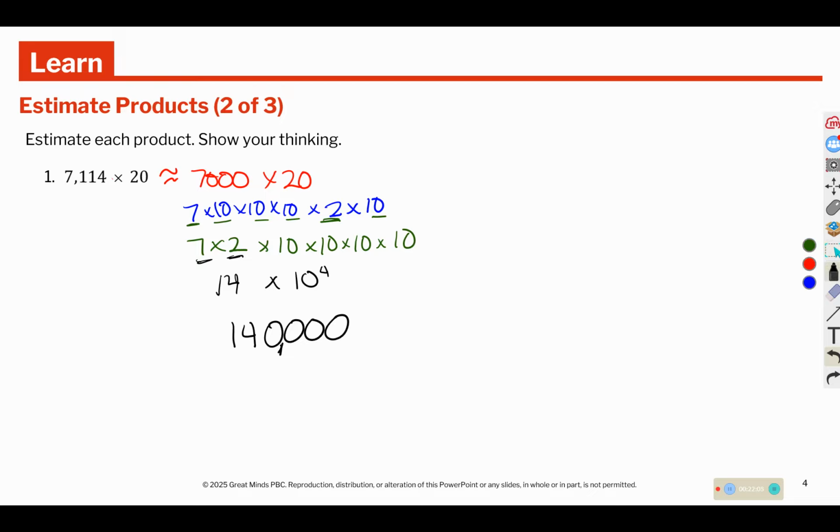So at the end, we can say 7,114 times 20 is approximately 140,000. It's okay to use the equal symbol between this step and this step because these are equal, but we wouldn't want to say that this is equal to this piece because this is the rounded version. That's why the approximation symbol shows up here.